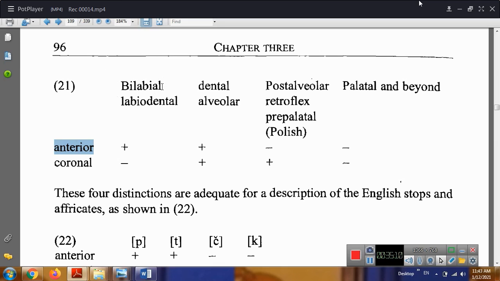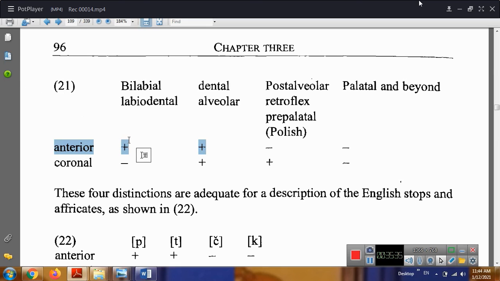As a whole, for the bilabial and labiodental sounds, the constriction is in the bilabial position and labiodental position, and even in the dental and alveolar positions. We consider such sounds plus anterior. For example, for P, we consider it plus anterior.